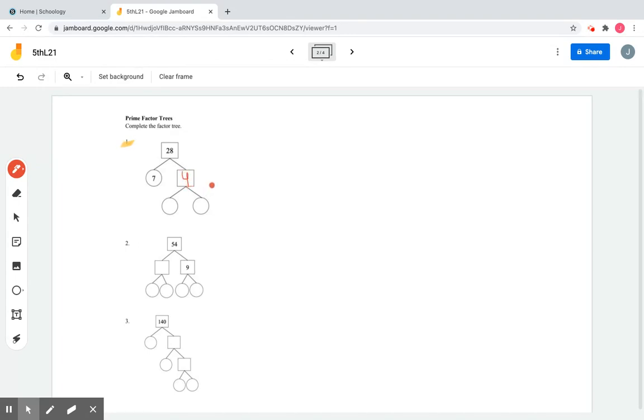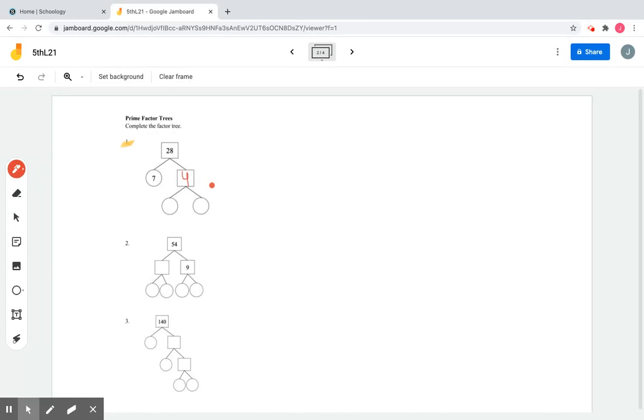And now we have to break down 4. In this case, there are two circles under number 4, right? Which means those two factors should be prime numbers. 4 can be broken down in two ways, which are 1 and 4 and 2 and 2.